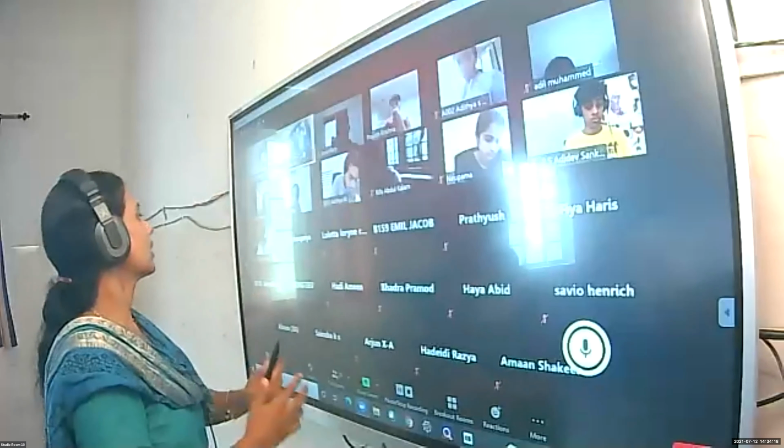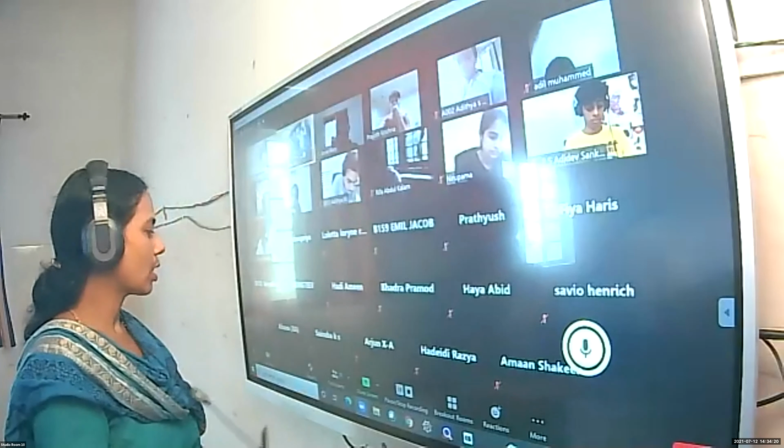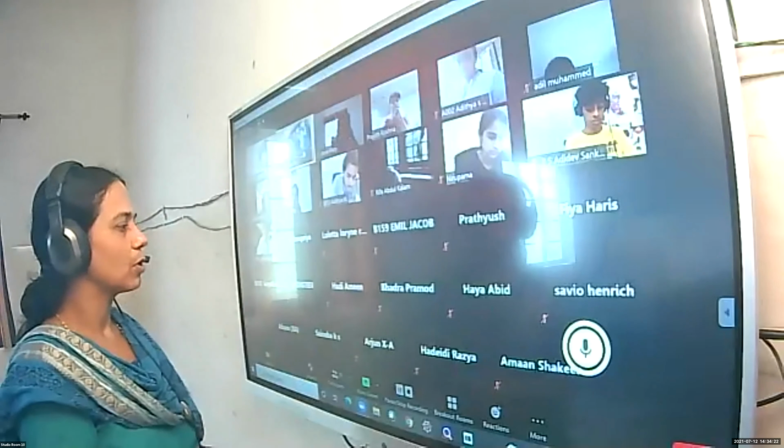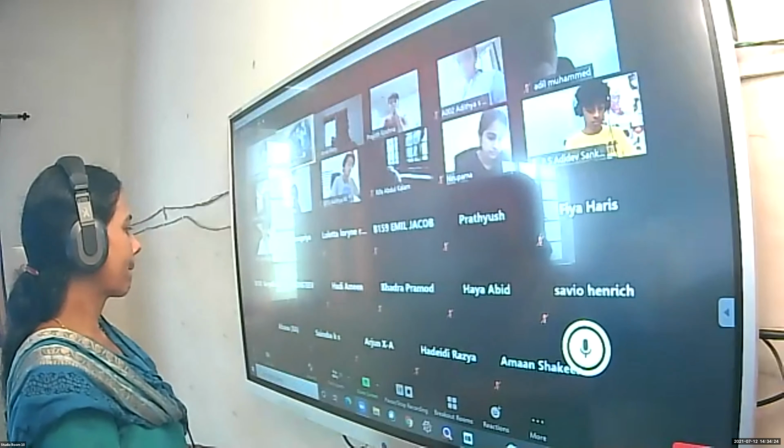If b square minus 4ac is less than 0, then it has no real roots. If b square minus 4ac is greater than 0, then it has two distinct roots. So b square minus 4ac determines whether the quadratic has real roots. You can't go on simply reading, it will be difficult for them to follow.